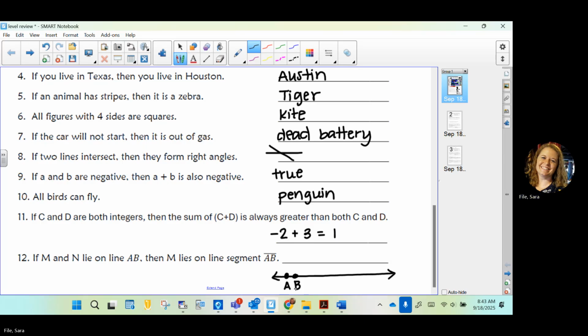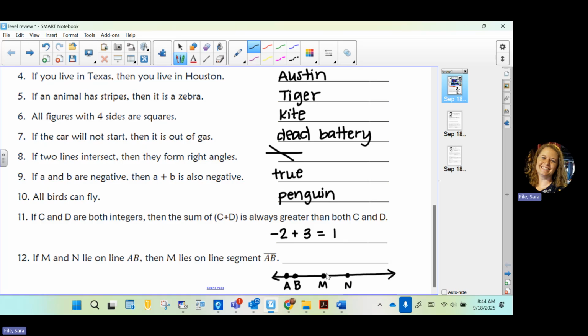So then if M and N are also on this line, does that show that M and N would be on segment AB? Because segment AB is only from A to B. It starts at A, ends at B. No, the way that I drew this, M and N are not between A and B. So this is a counterexample.